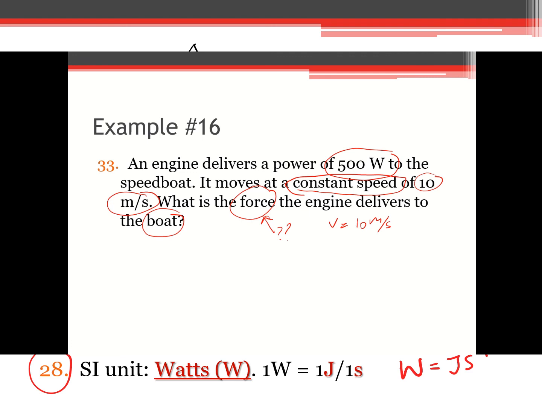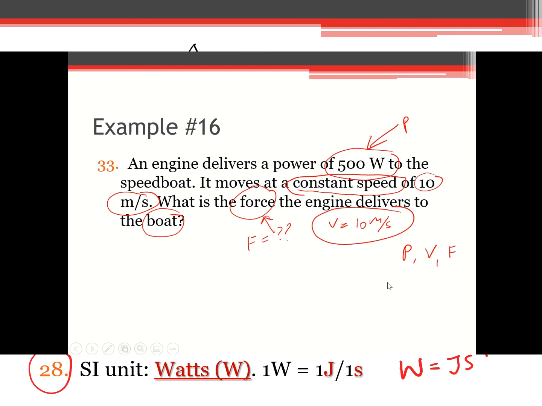Okay. So see, they give you power not for nothing, right? Power is given. Speed is given. Then suddenly ask you for what is the force. Can you quickly think of the formula that we have previously talked about that is rarely used? Okay, so I can see P, I can see V, and I can see F involved here.